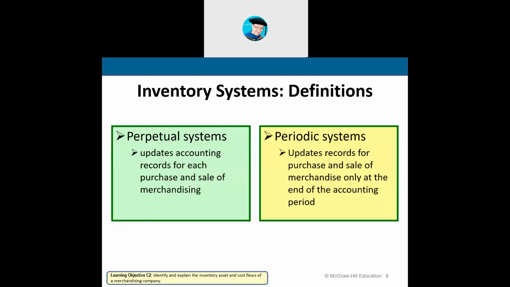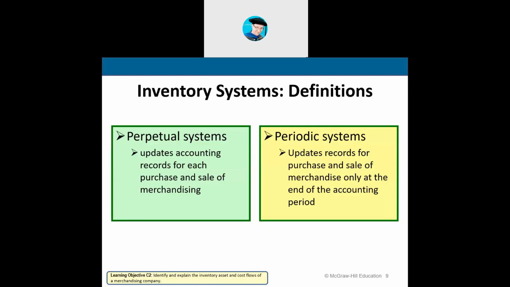So I want you to think of a scanner, one of those devices that shoots a laser at a barcode and scans it. That's called a perpetual inventory system. It updates the accounting record for each purchase and sale of merchandise.